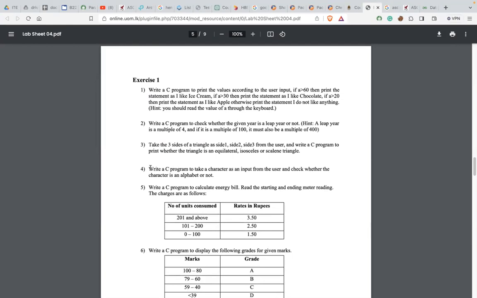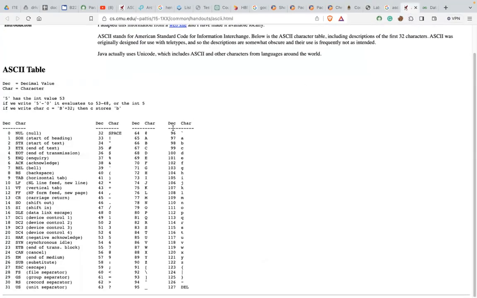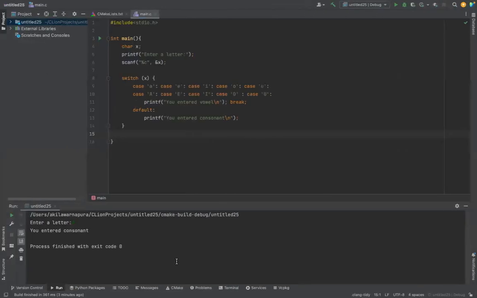If it is an alphabet, the user-entered value should be between 65 to 90 for a capital alphabet, and if it is a simple alphabet, it should be 97 to 122. So we can check that range.